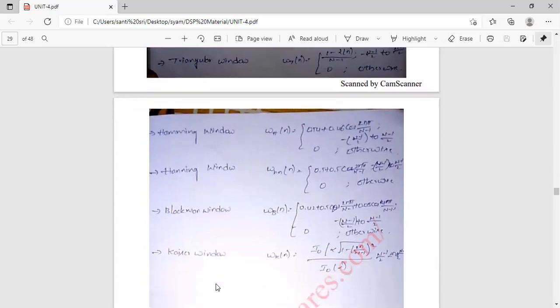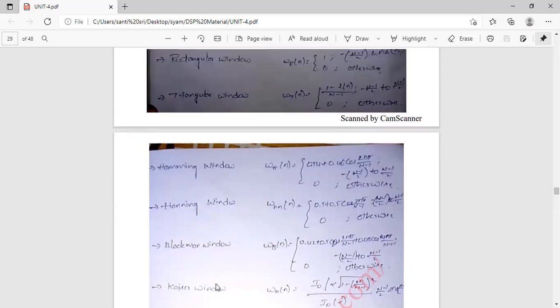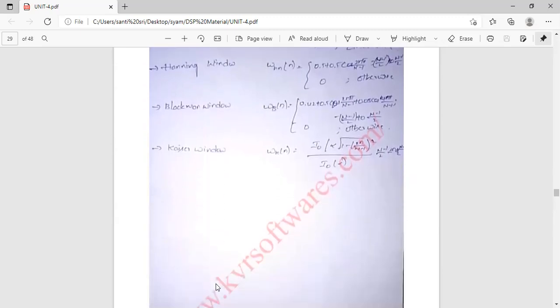And the last one, the Kaiser window, its window sequence is WK of n equal to I naught of alpha times the square root of 1 minus (2n by (N minus 1)) whole square, divided by I naught of alpha, for minus (N minus 1) by 2 less than or equal to n less than or equal to (N minus 1) by 2. So these are all the window sequences for the different types of windows.